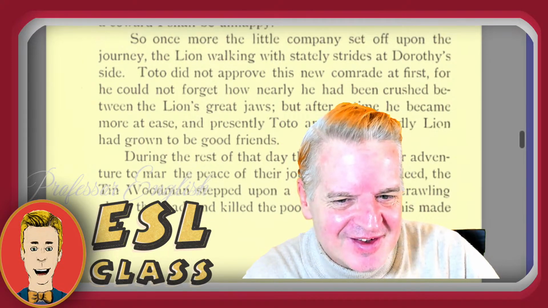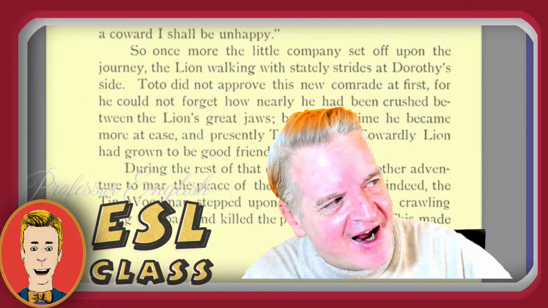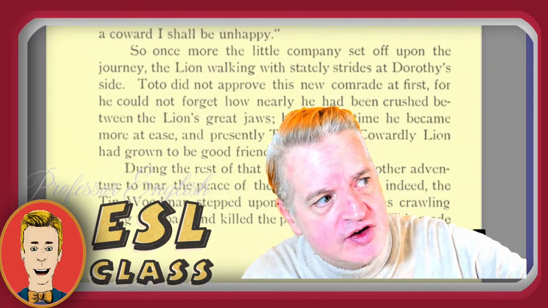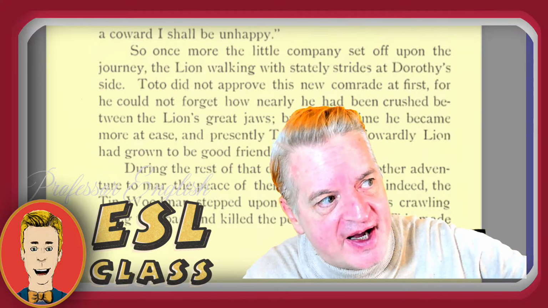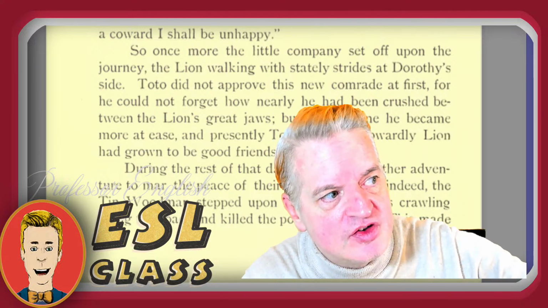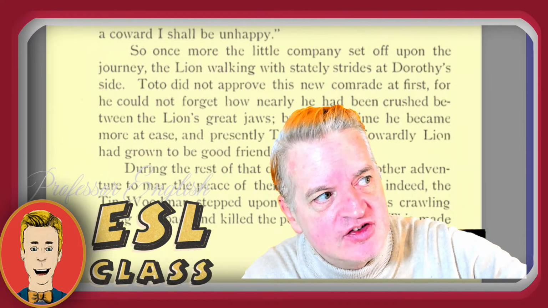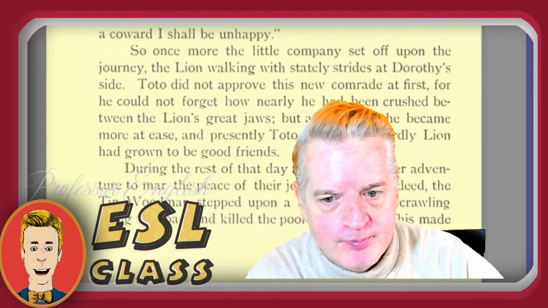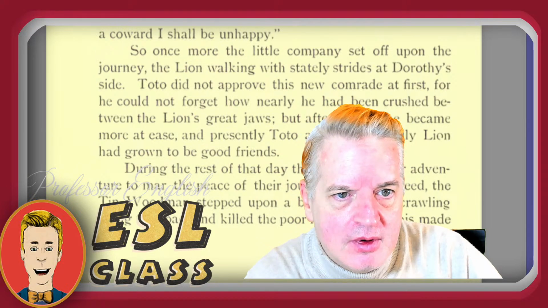Okay, does that make sense? Is that pretty clear what the difference is? So an adjective, soft, describes a thing. Soft pillow, soft bed, soft bread. And softly is for an action. She spoke softly. He walked softly.